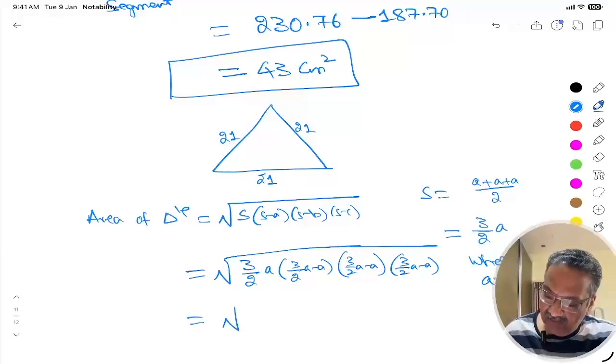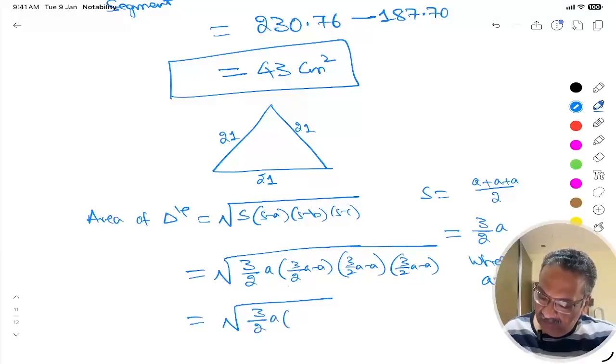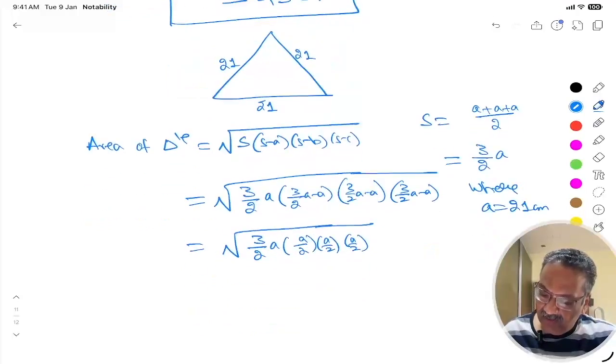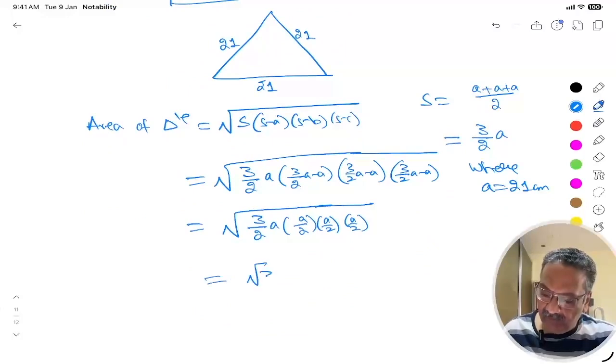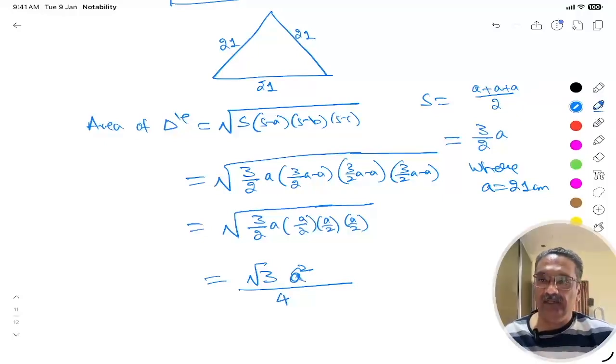We will get the same equation, that is we have got root 3, this will be by 2a, each one will be a by 2, a by 2, a by 2. We will ultimately get the same thing, square root of 3 a square by 4, all right. So now you can substitute that and get the same answer.